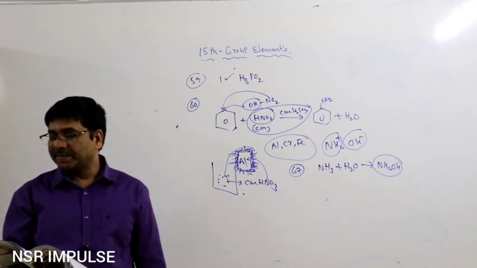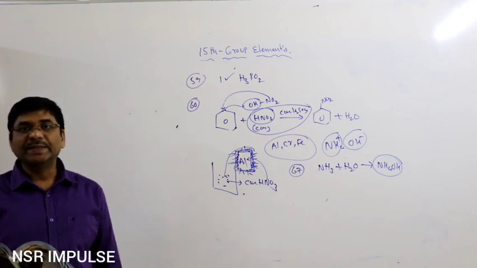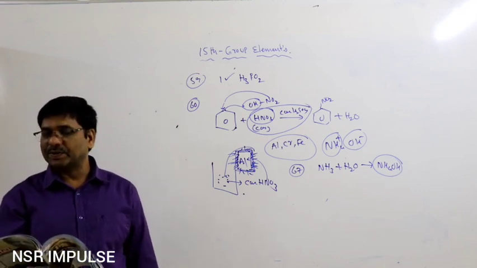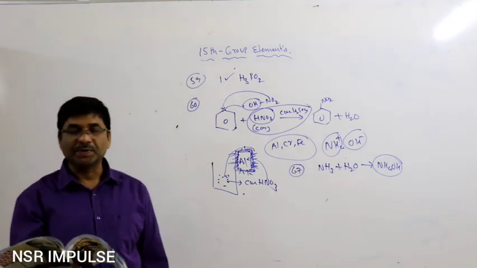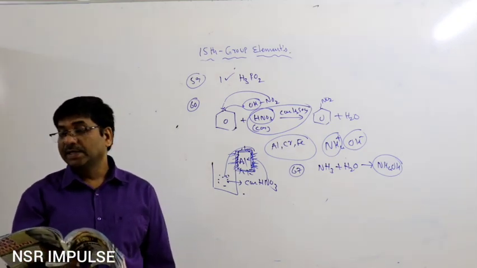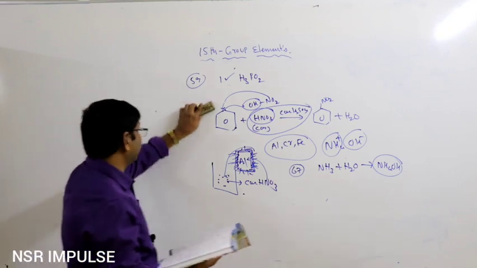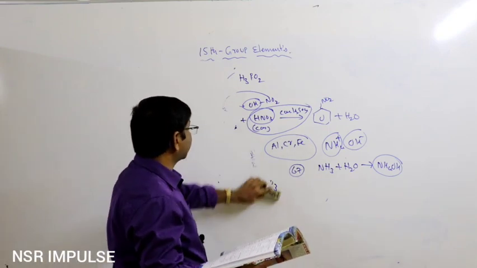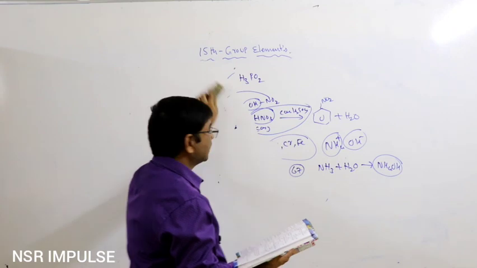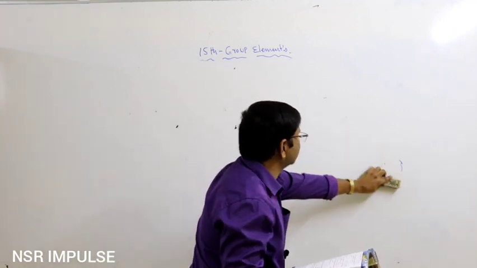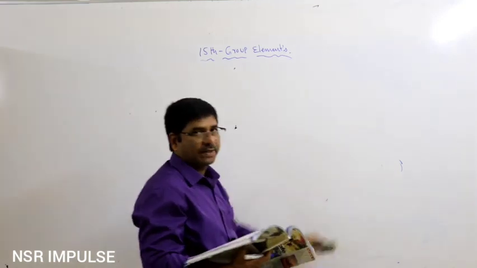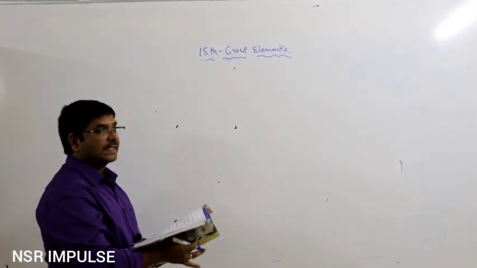Next, question number 68. What is nitrolim? CaCN2 plus C is called nitrolim. What is C? Graphite. You remember that? It is very important for competitive exams. It comes from the cyanamide process for the preparation of ammonia.